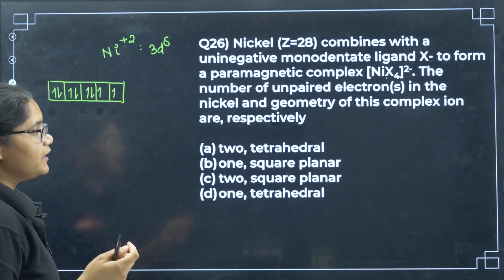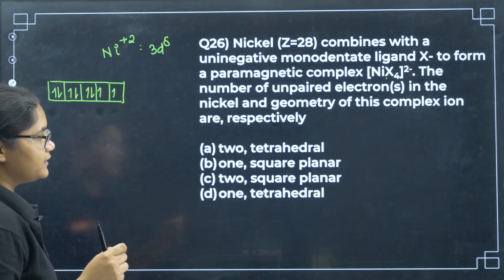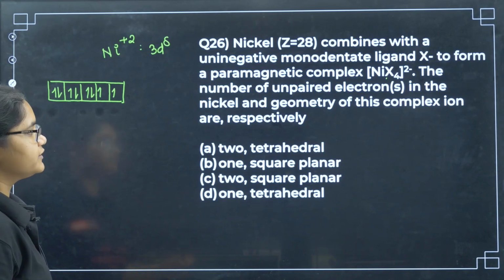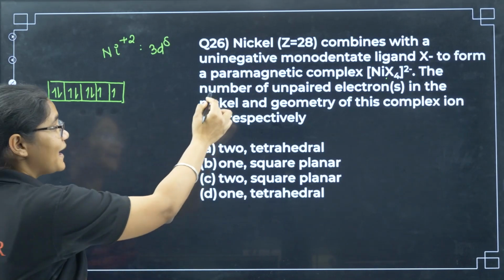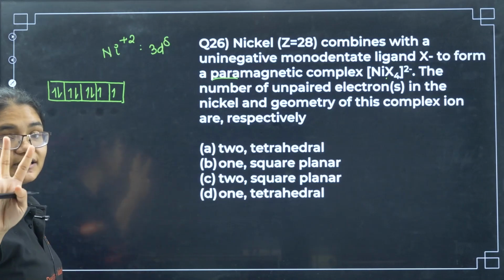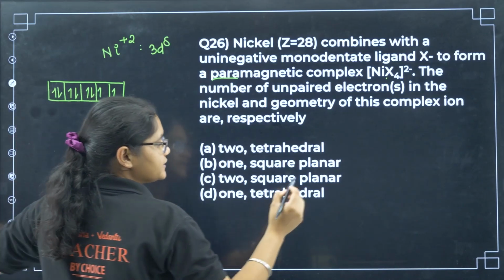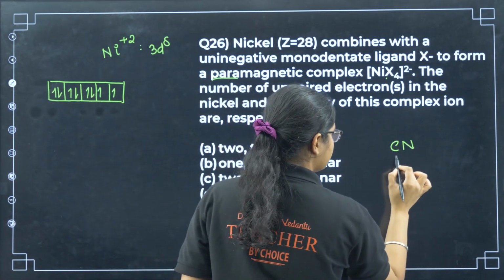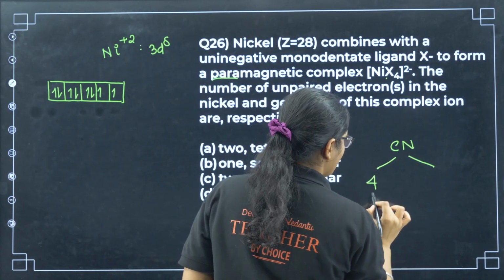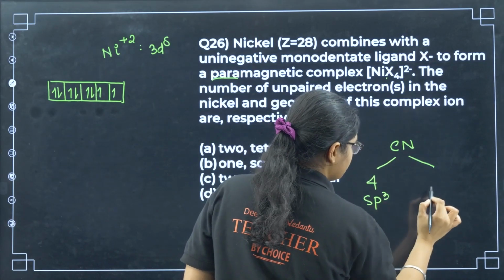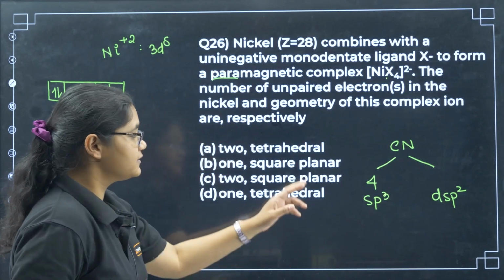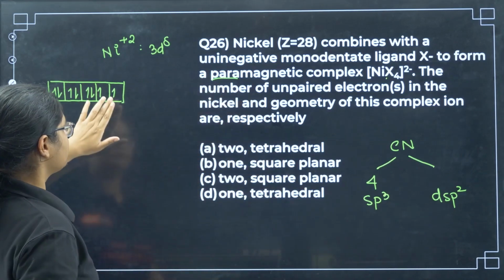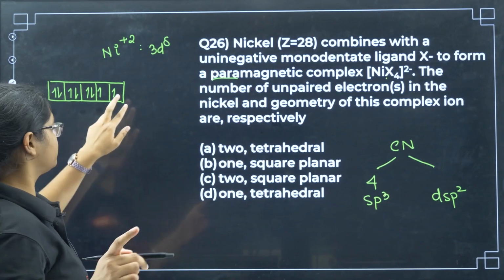Now what will happen? So you see, I want a paramagnetic complex and coordination number is 4. For coordination number 4, what all geometries we have? One is sp3 hybridization and another is dsp2 hybridization. Now what will happen if it is a paramagnetic complex? We cannot do pairing.